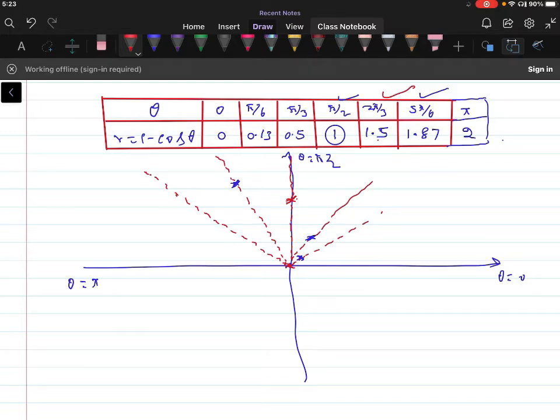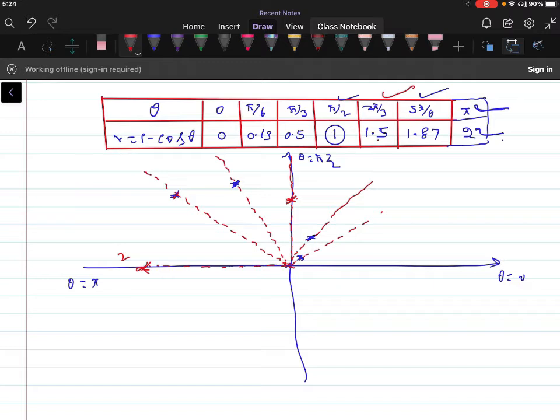Then theta is equal to pi. So r is 2. This is the line theta is equal to pi, so the r value will be 2.